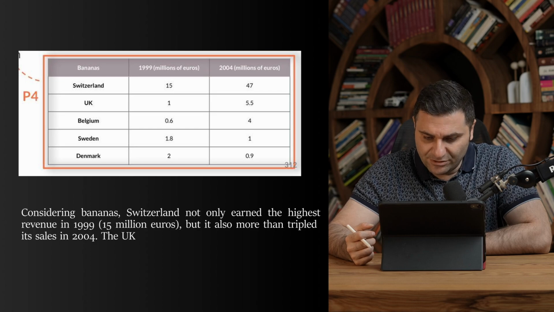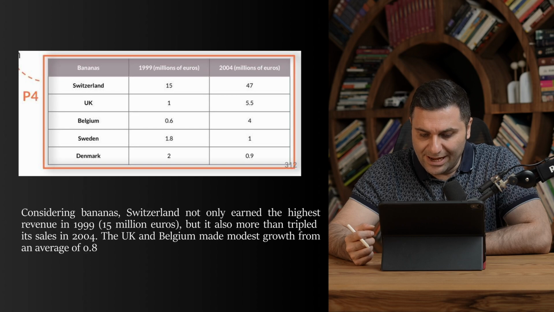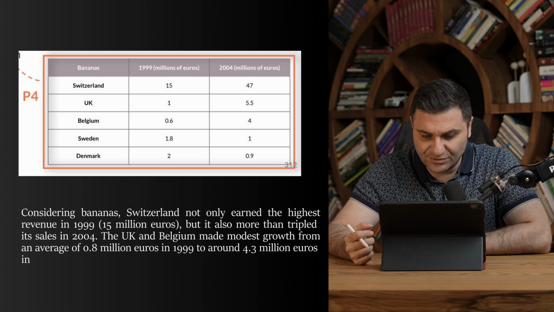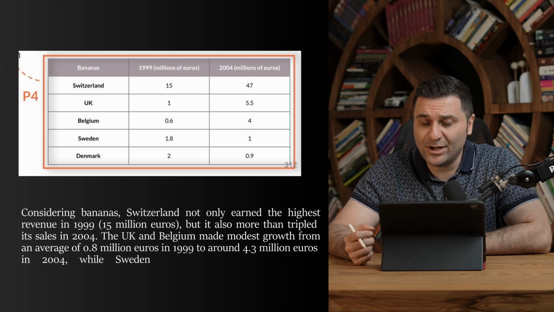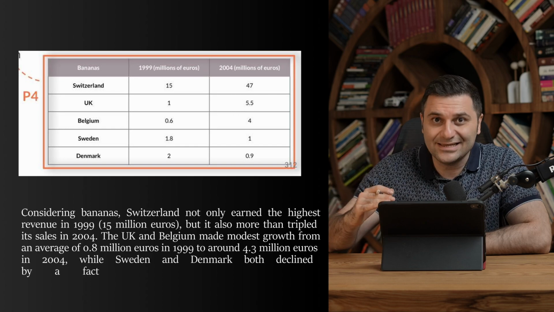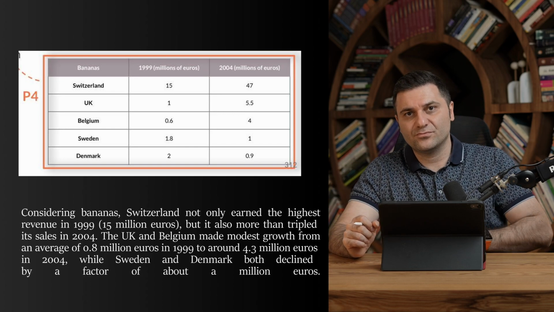The UK and Belgium made modest growth from an average of 0.8 million euros in 1999 to around 4.3 million euros in 2004, while Sweden and Denmark both declined, right, by a factor of about 1 million euros.